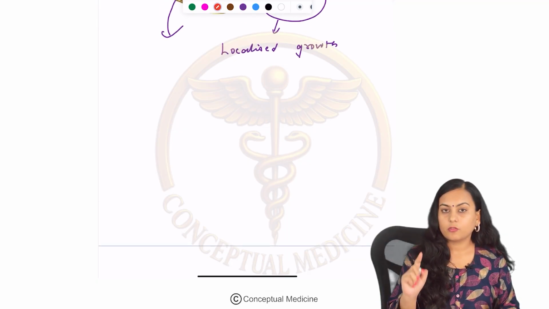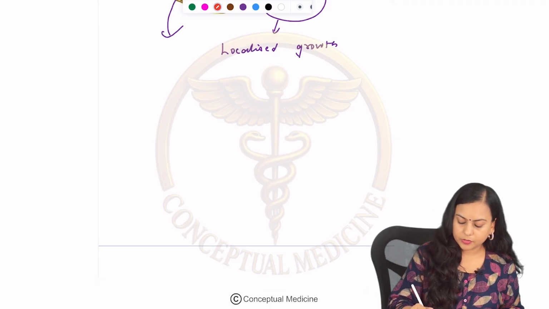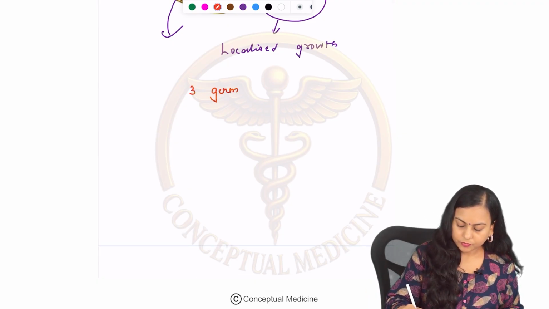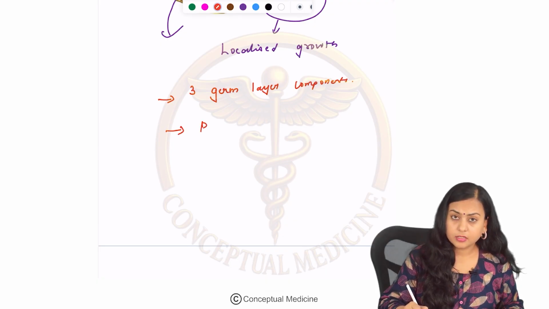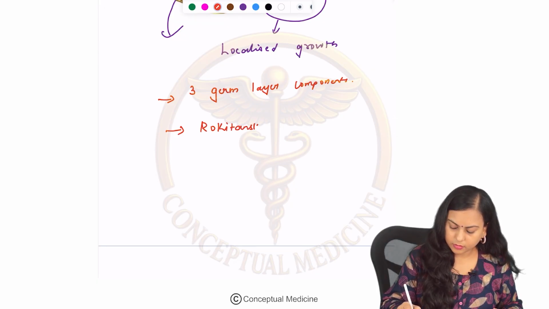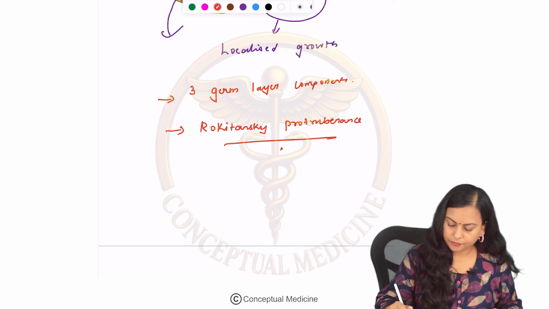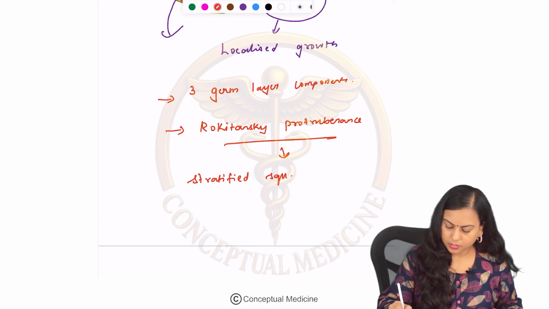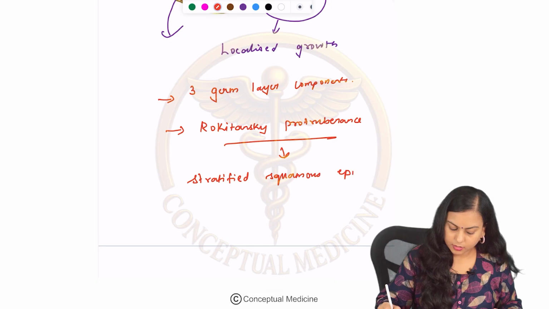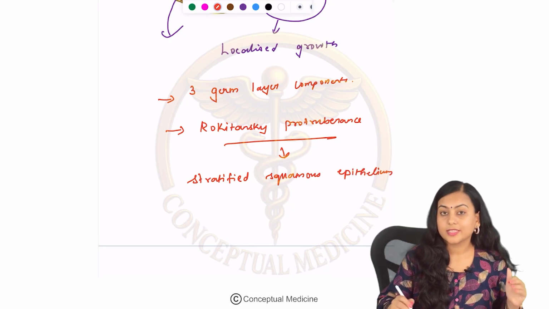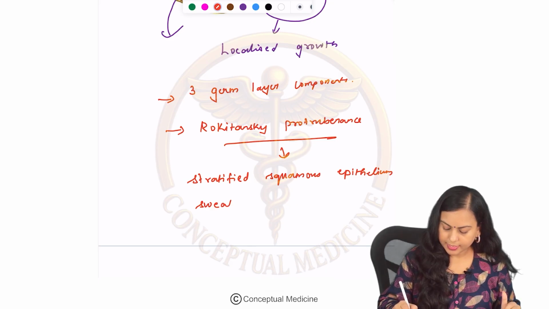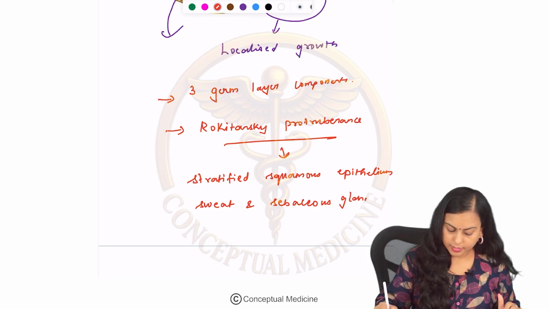Right. Now let's see the microscopic examination. You have to know, while you see via microscope, you will be able to see all three germ layer components, and the Rokitansky protuberance will have stratified squamous epithelium that will have sweat glands and sebaceous glands.